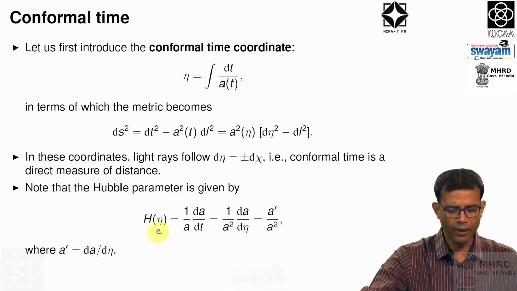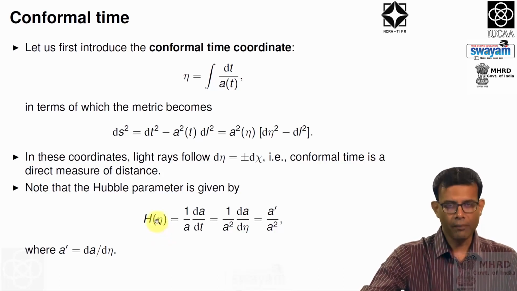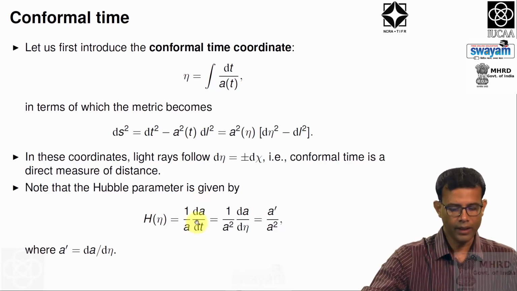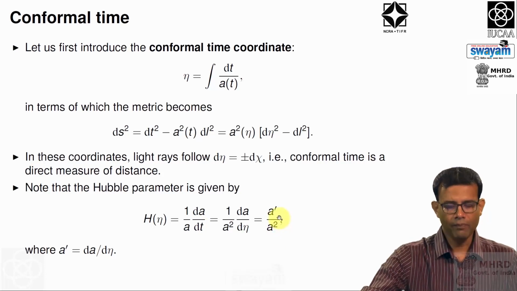For example, the Hubble parameter, when written in terms of the conformal time, picks up an extra factor of a. The Hubble parameter in conventional time coordinates is a dot divided by a. In terms of the conformal time, the Hubble parameter is a prime by a square, where by prime I mean derivatives with respect to eta.